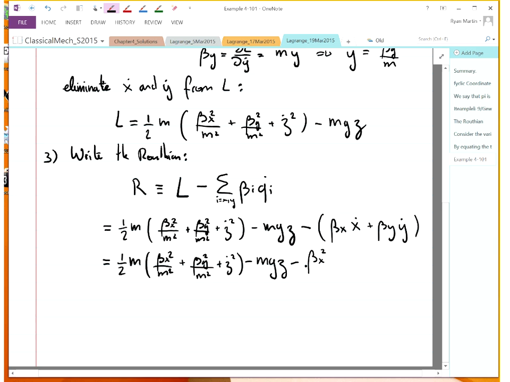So I have minus beta x squared over m minus beta y squared over m. Right, it's beta x times beta x over m, beta x squared over m. Beta y times beta y over m, which is beta y squared over m.